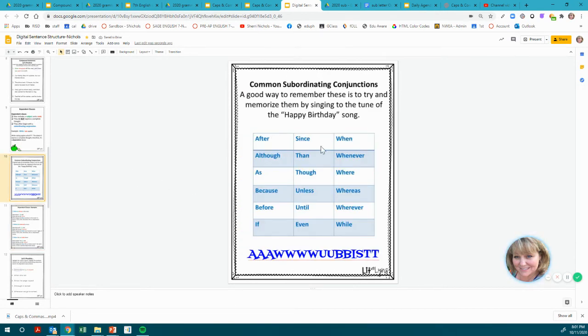Our list of common subordinating conjunctions, it would be what I call the AWEBIST list. And it's the AWEBIST because if you look, it pretty much spells, I love this word, AWEBIST. It's A, lots of A's: after, although, as.